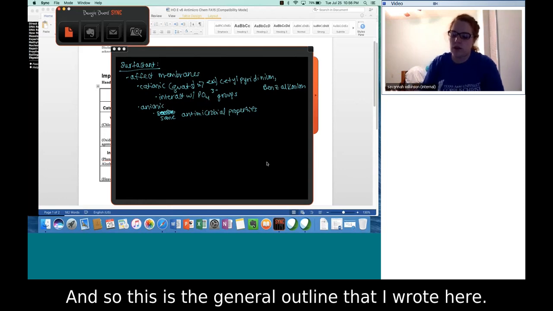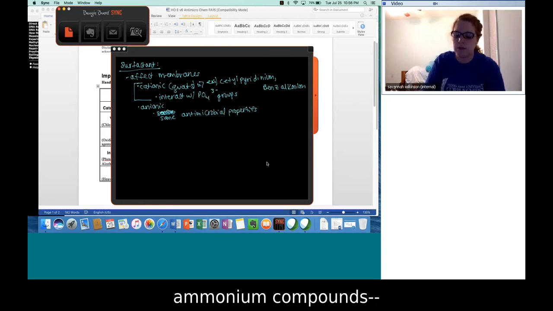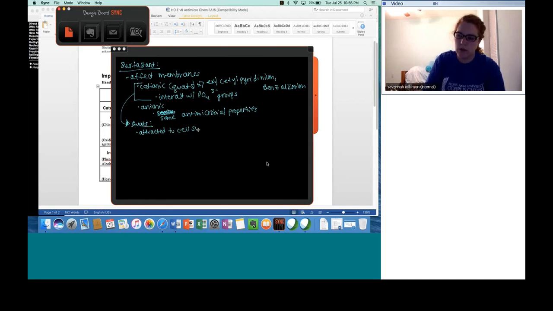This is the general outline that I wrote here, but now I'm going to go into more detail on the cationic or quaternary ammonium compounds. The quats are attracted to the cell surface.